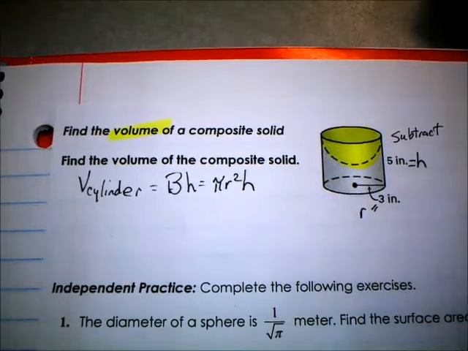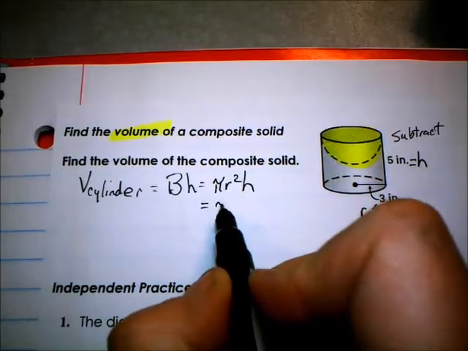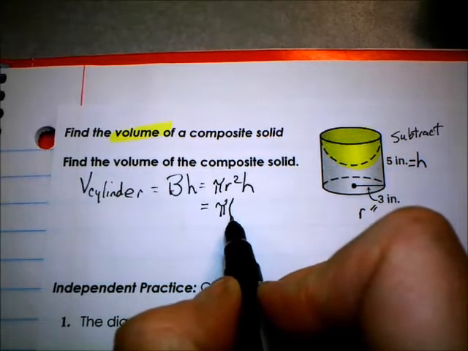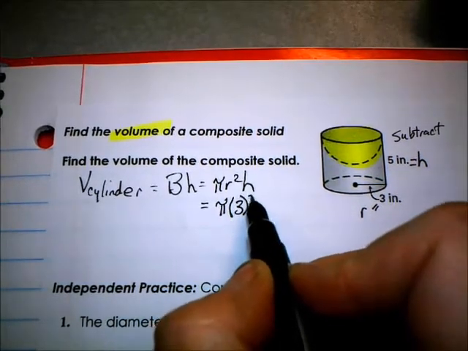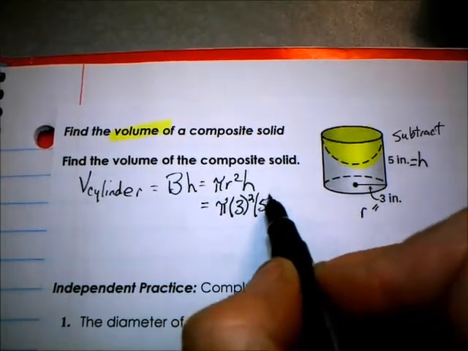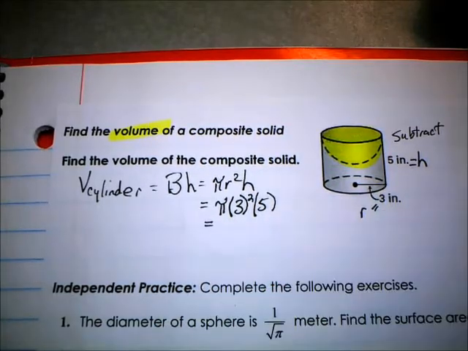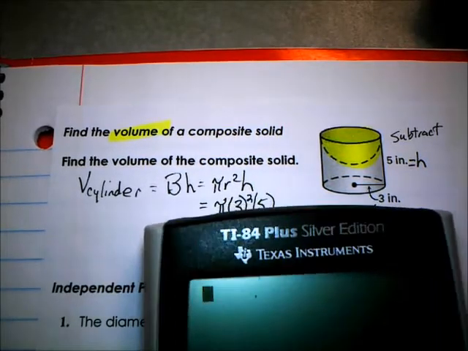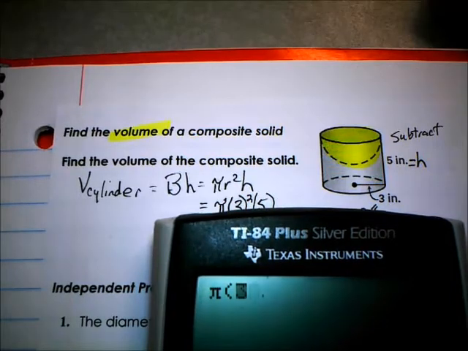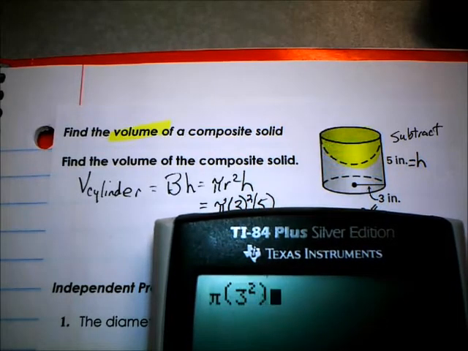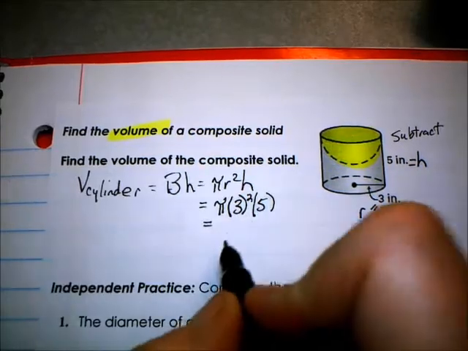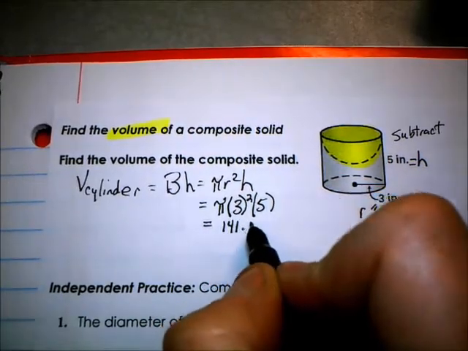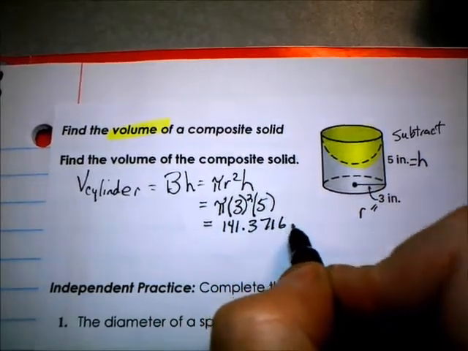So I'm going to plug them in and have pi times 3 squared times 5. And so far, that's about 114.3716, and on and on and on. I'm going to leave that in my calculator.